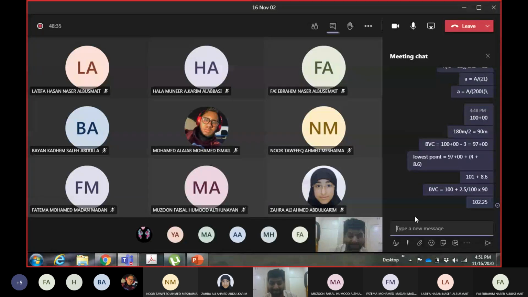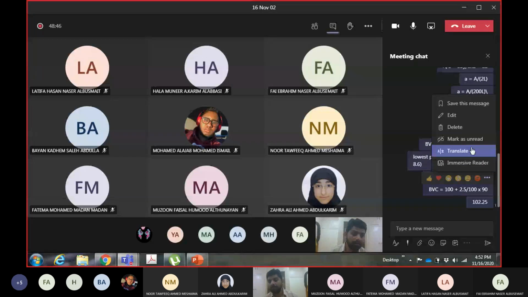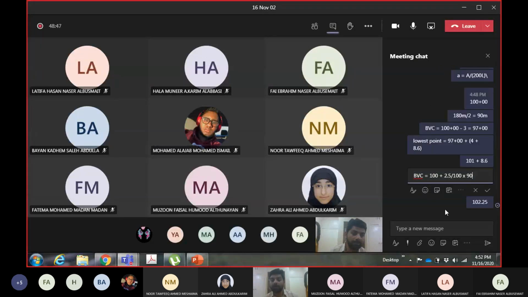This is the elevation. The previous one was the station. Then in this one, add Y1 to the elevation of BVC. Let me just make it clear here. So this is the BVC elevation, and now you add Y1.